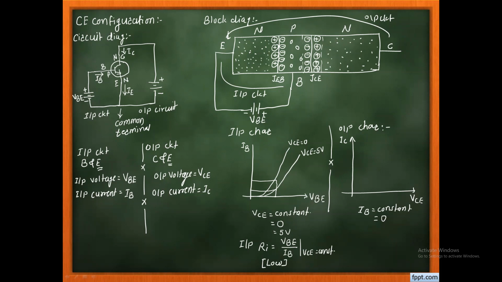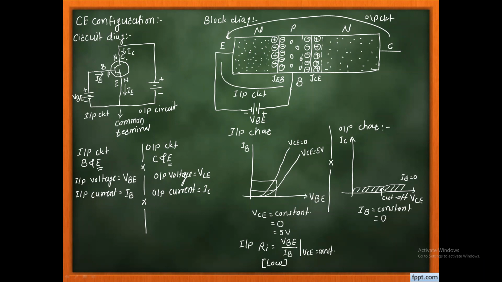And as the collector to base junction is still in reverse bias, in reverse bias a current will flow, and that current is almost constant. It does not depend upon the reverse bias voltage. So this is the graph for IB equal to 0, and this is the region where both junctions act in reverse bias, so I say this is the cut off region.